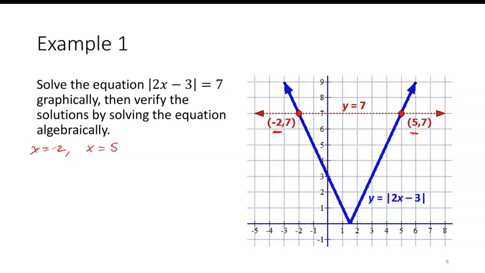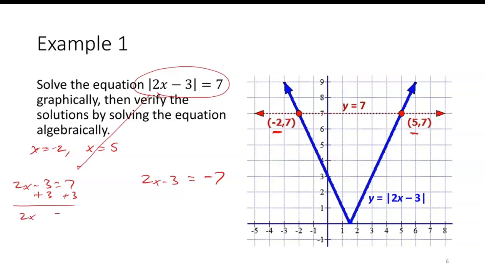And the way you do that is you take this equation and break it into two different equations. We'll take 2x minus 3 equal to 7, and 2x minus 3 equal to negative 7. And we solve each one separately. So for the first one, I add 3. I'll have 2x is equal to 10.